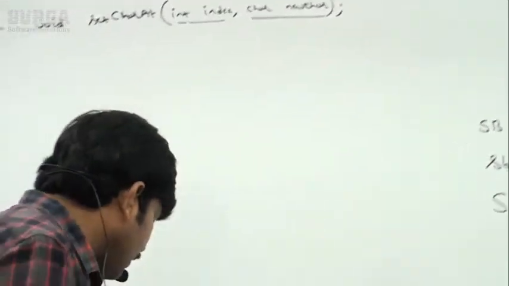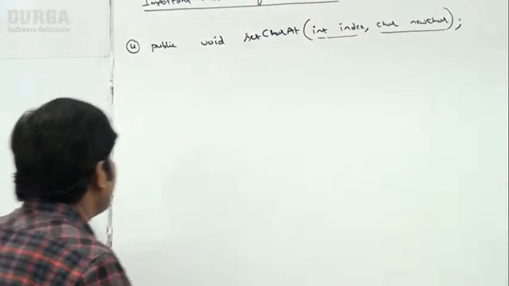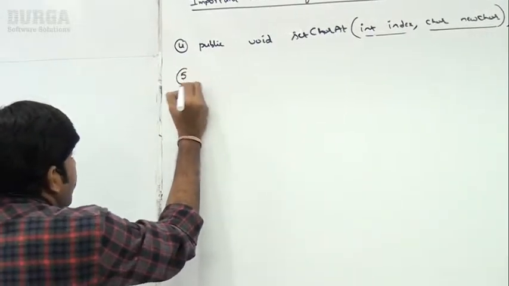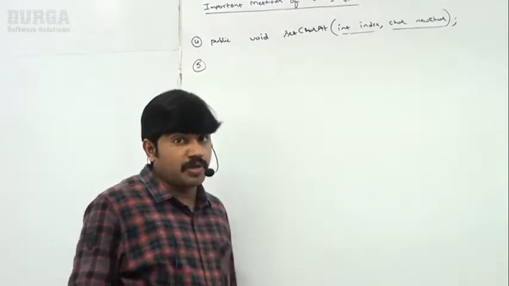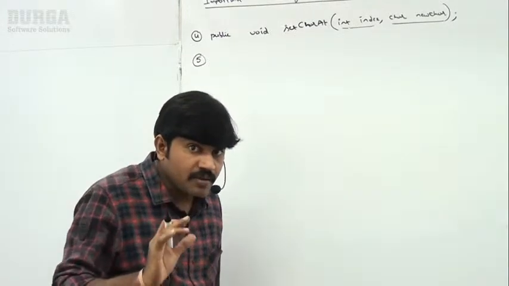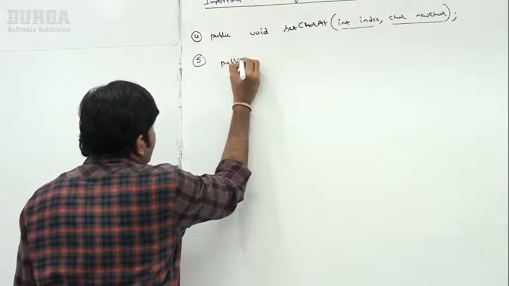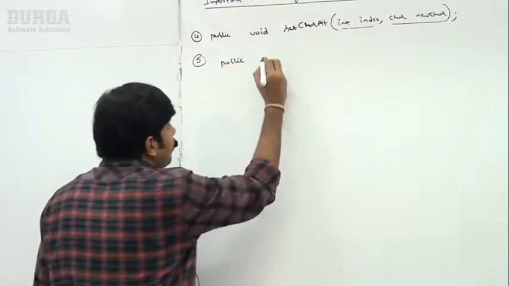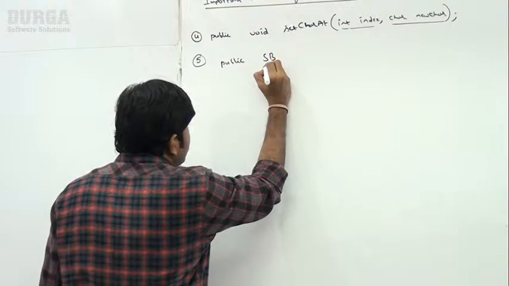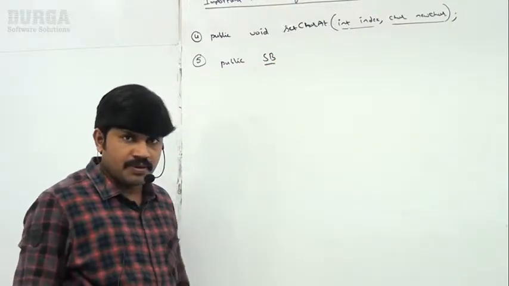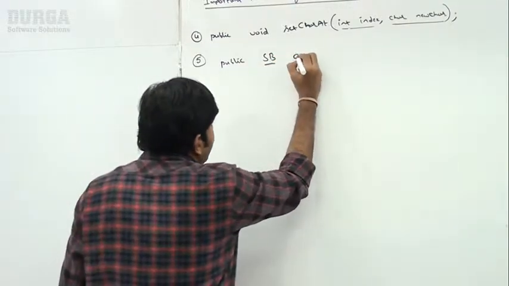Okay. Next, the most commonly used method. You people should be aware, sir. The append method. We use the append method multiple times. For StringBuffer, append is the most commonly used method. Public. The return type of the StringBuffer append method is StringBuffer only. Public StringBuffer append.